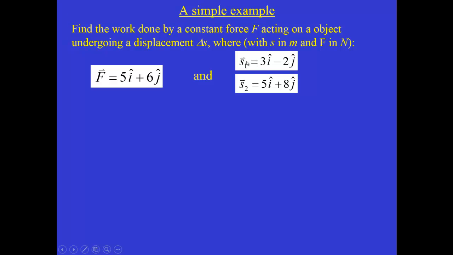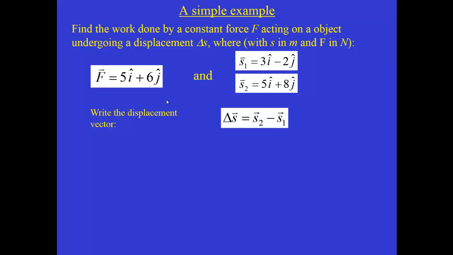So we're given the initial and the final position, and we're told that while the particle is undergoing this displacement, the force acting on it is given by 5i plus 6j. So first of all, to form the dot product, F dot delta S, we have to calculate delta S. So the displacement vector is the final minus the initial position. Right? If we do that with these two vectors, we're going to get (5 minus 3)i, and then (8 minus negative 2)j.